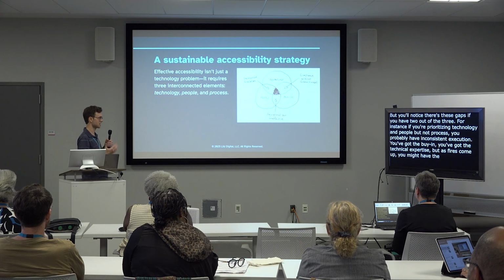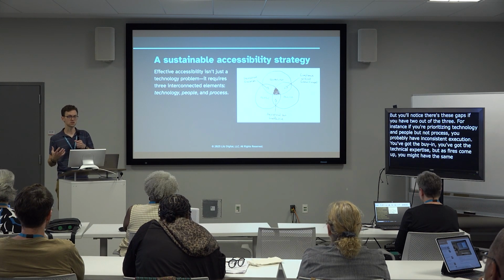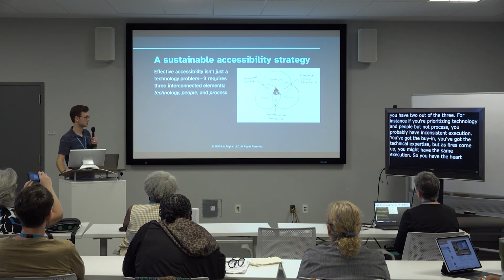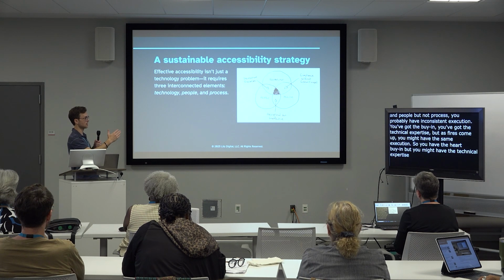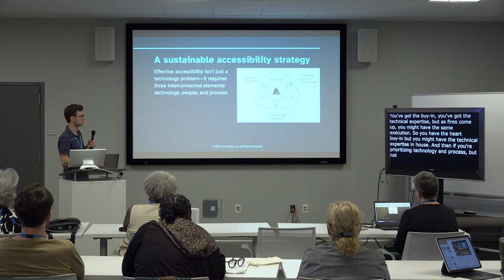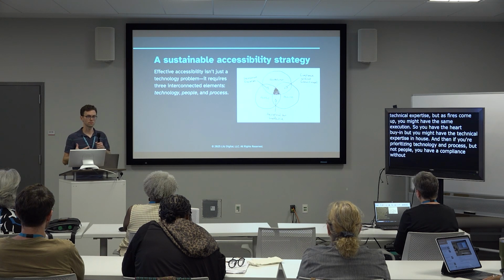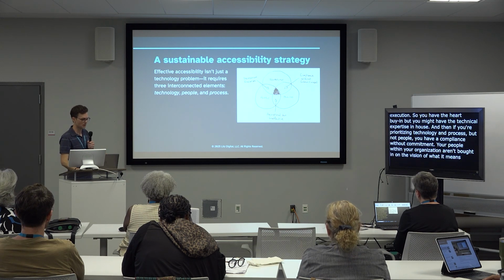I call this the aspirational but ineffective. So you have the heart buy-in, but you just might not have the technical expertise in-house to help solve that. And then if you're prioritizing technology and process, but not people, you have a compliance without commitment. Your people within your organization aren't bought in on the vision of what it means to make sure that accessibility is a priority within your company.